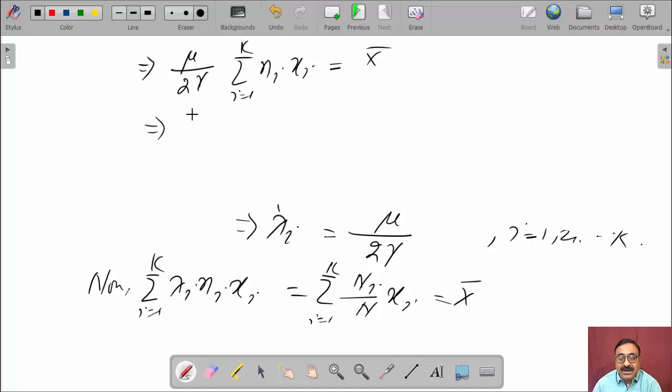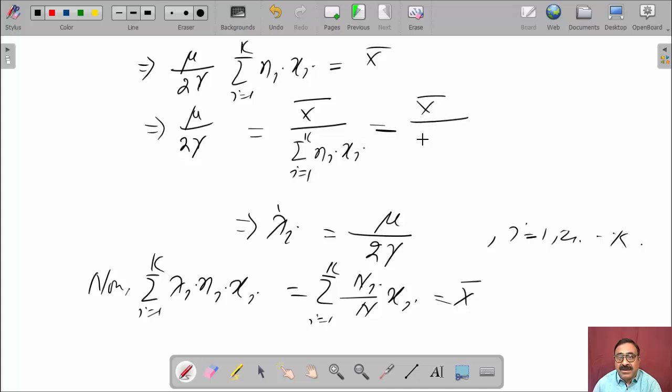So that implies mu by 2 gamma equals x bar divided by summation i equal to 1 to k n_i x_i, that is equal to x bar by n into small x bar. Because lambda i cap equal to mu by 2 gamma, that is equal to X bar by n x bar. So this implies this.